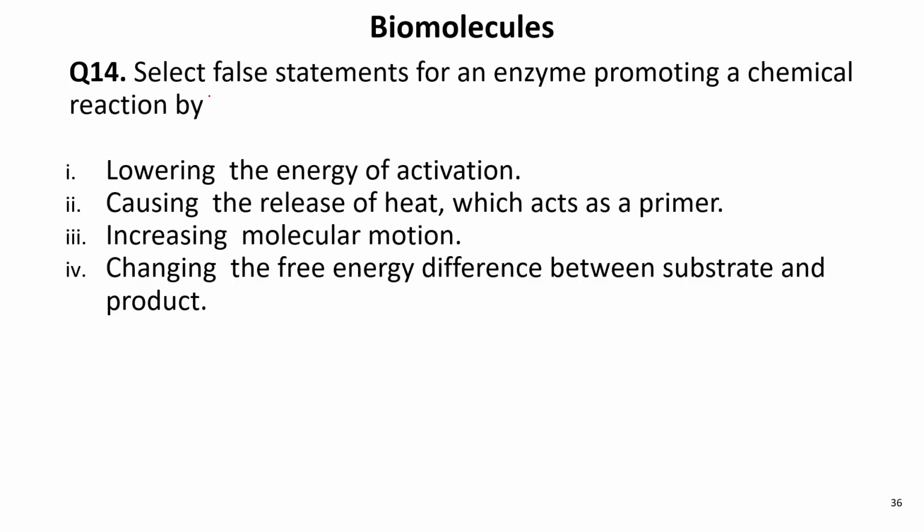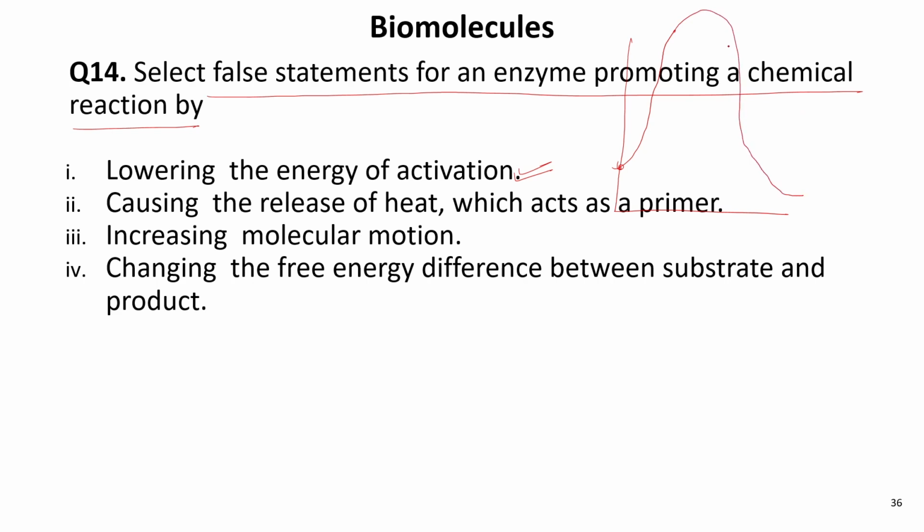Next question. Select the false statement for an enzyme promoting chemical reaction by lowering the energy of activation. So when you add any enzyme for a particular reaction, then it lowers the activation energy. If I draw a graph, here is the substrate. In the absence of enzyme, it requires a lot of energy.